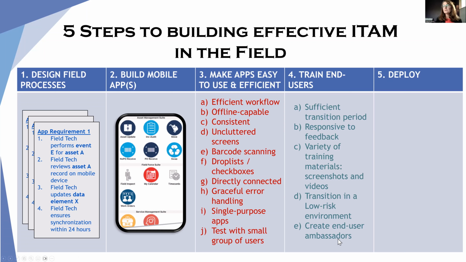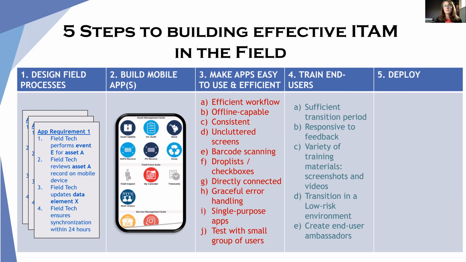And I like also to recommend that you create end user ambassadors. So these are people that probably started with your test group, your small group of users that tested the app. And now these are your users that know the apps really well. And then the rest of the group has a peer that they can go to when they have questions, a peer that they can go to if they're having issues, or they're not quite sure they understand how to use the app.